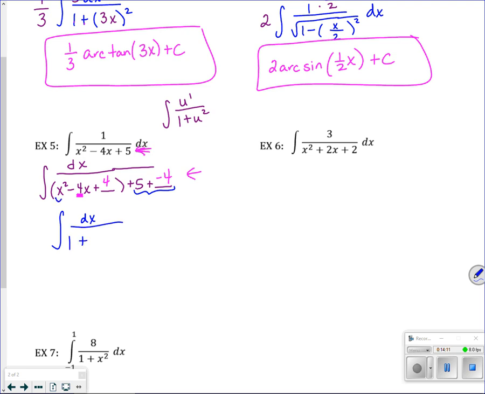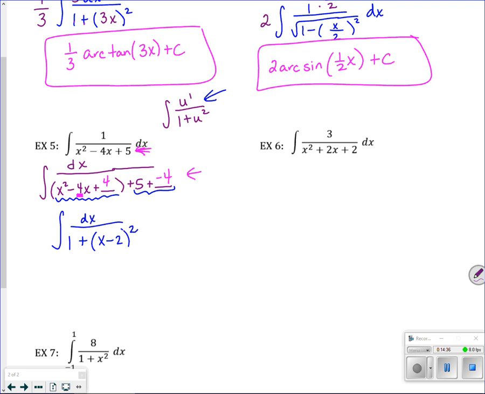Plus, the whole point of you picking that to be plus 4 is so that if I said factor this guy, how would that factor? That would factor to x minus 2 squared. Well, look at that. Do you see that it is now of the form u prime over 1 plus u squared?